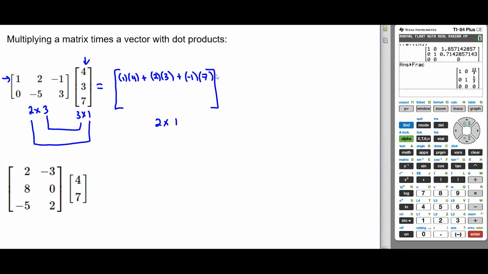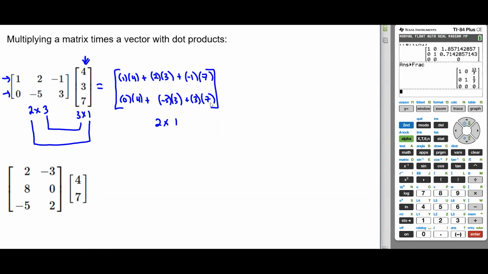So we simplify that, we'll just get one number, and that'll be the first entry of the vector. Second entry, second row of the matrix, dot product with the vector, and we're going to multiply the corresponding entries. 0 times 4, -5 times 3, and 3 times 7.